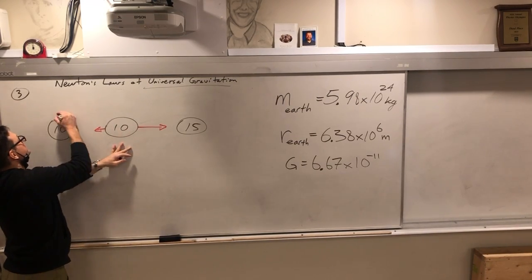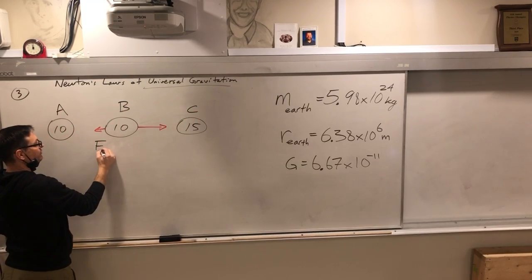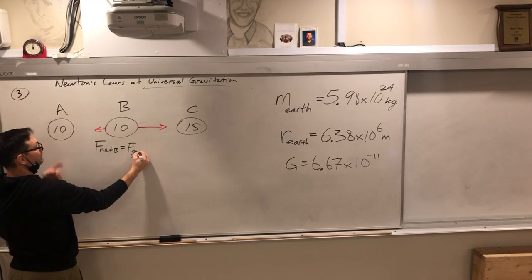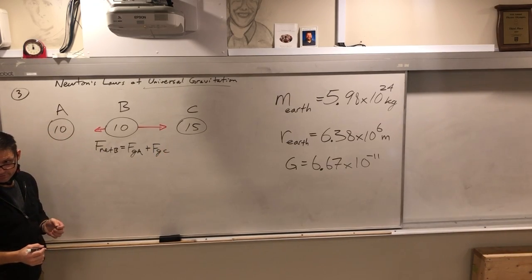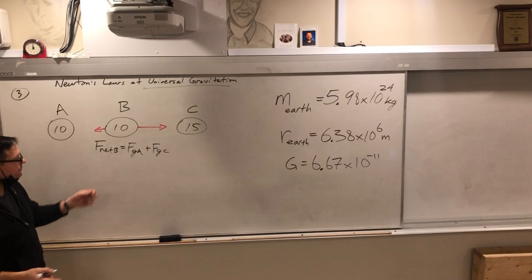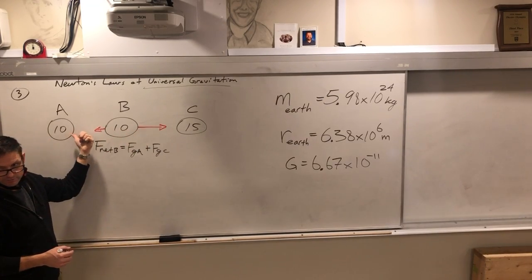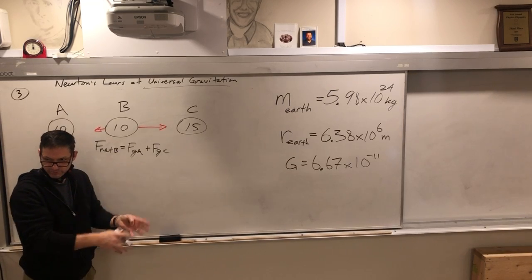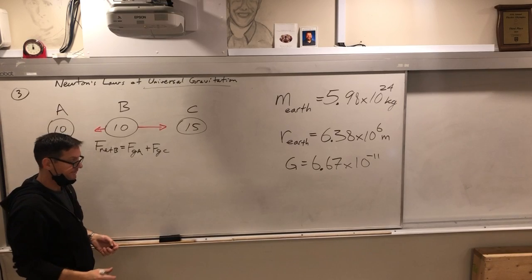If this is A and this is B and this is C, the net force on B is equal to the force of gravity from A and the force of gravity from C. If you're real worldy, you won't write it like this. You're gonna say FGC minus FGA, like this bigger force wins, so you're gonna subtract it. But if you're mathy, you say no, we always add the forces. This one just happens to be negative. You'll come to the same answer.